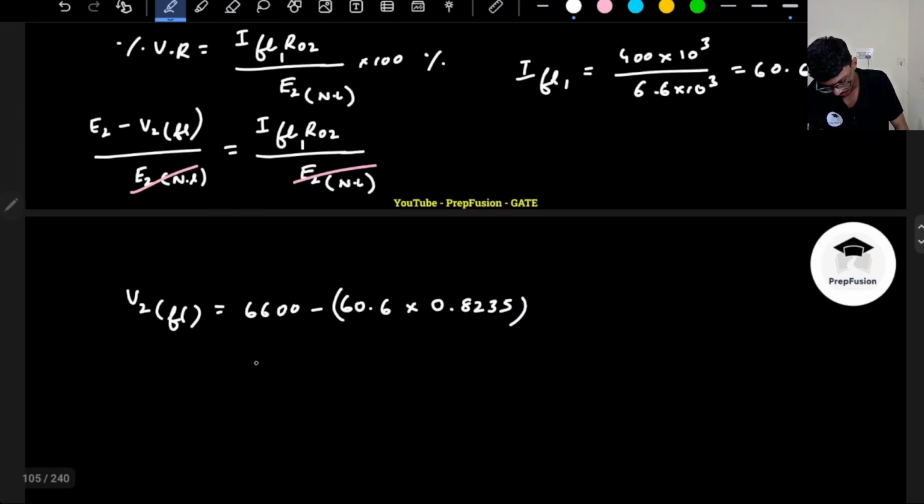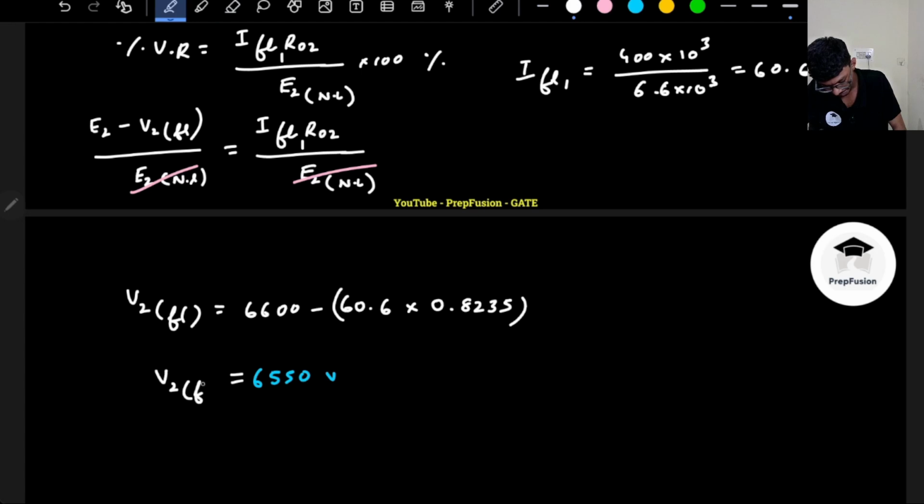So from here I can easily find out the terminal voltage. 60.6 into 0.8235 is about 49, so 6600 minus 49 will be 6550 volts.